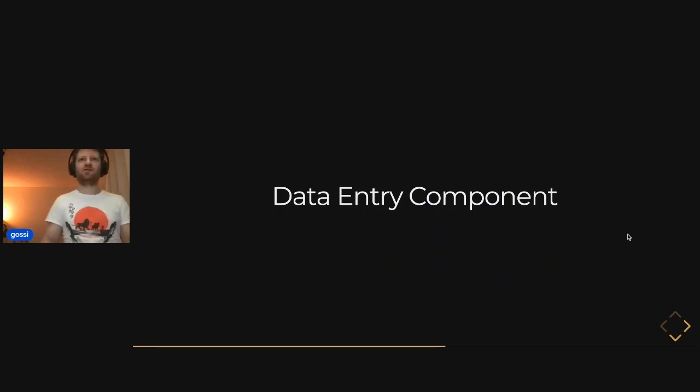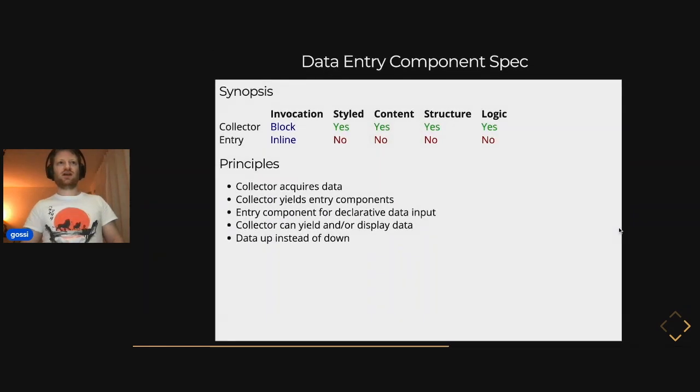Next up is the data entry component. The data entry component, or type, actually consists of multiple components. On the first level, we have a collector component. It's invoked in block invocation.